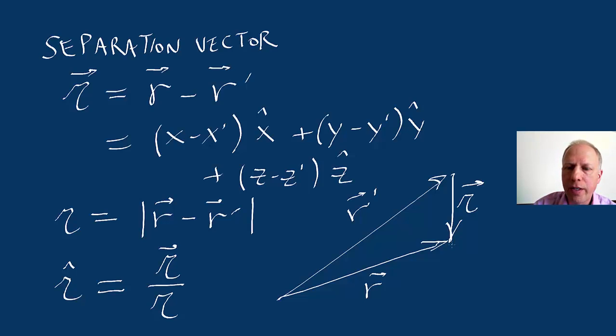So if you are trying to find the electric field at position r, and there's a bit of charge at position r prime, script r vector is the vector that points from the source to the field point.